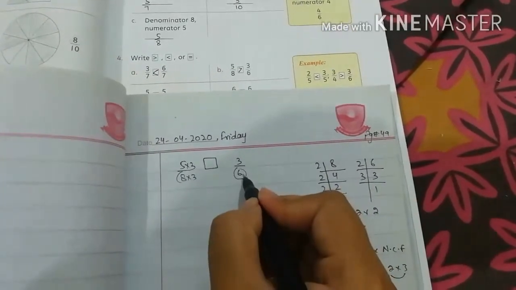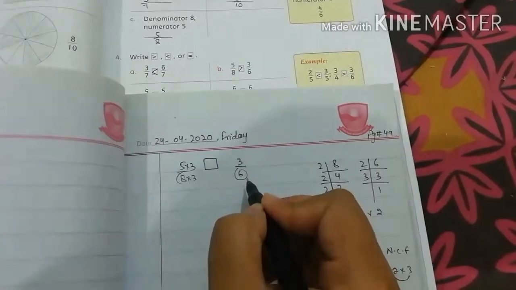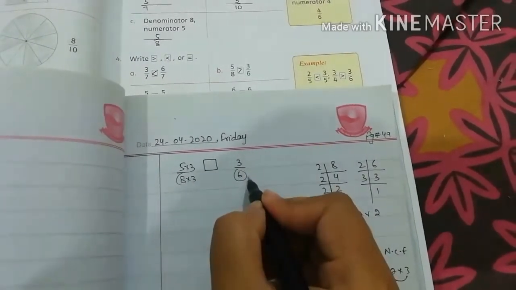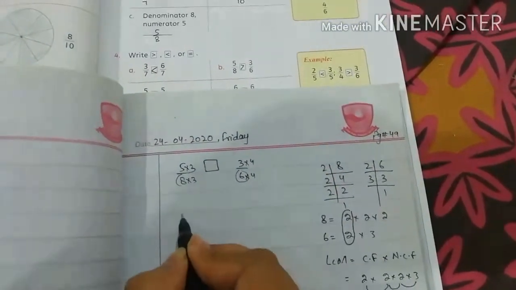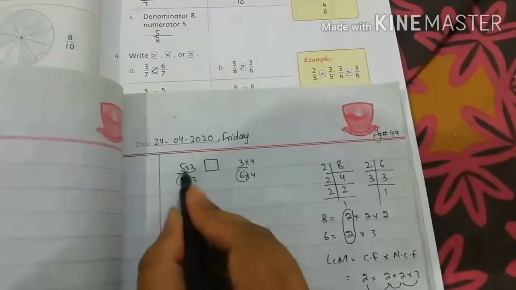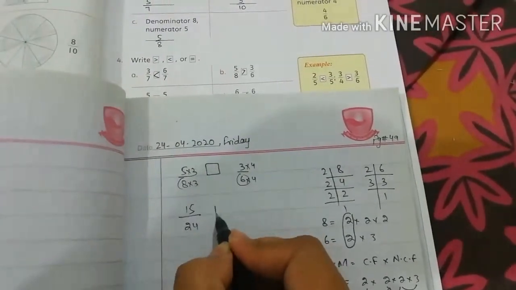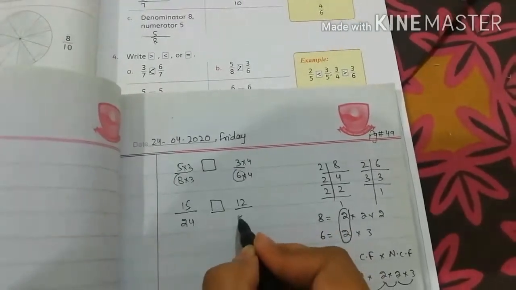And here 6 multiplied by 4 is equal to 24, so multiply both numerator and denominator by 4. So 8 3s are 24, 5 3s are 15, 3 4s are 12 and 6 4s are 24.